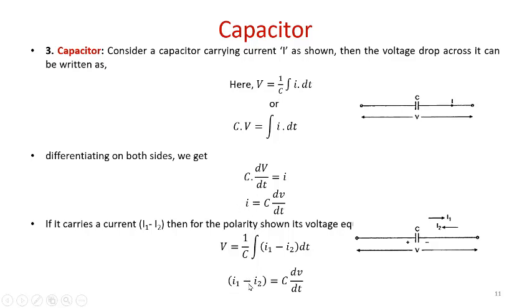So some elements are current driven and some elements are voltage driven. The source of a drive may sometimes be current and sometimes voltage. Hence we are supposed to know the relationship of both voltage and current, and sometimes we need to know the relationship between current and voltage.